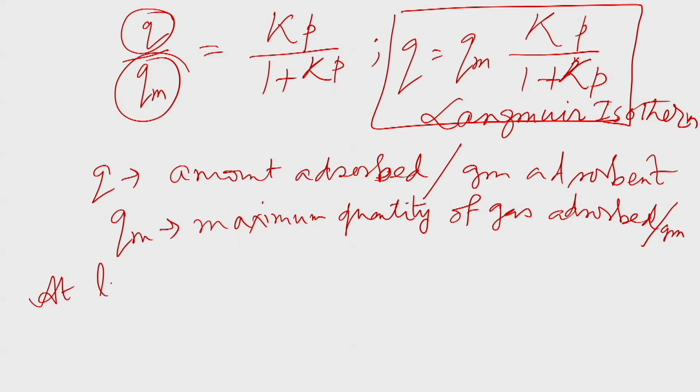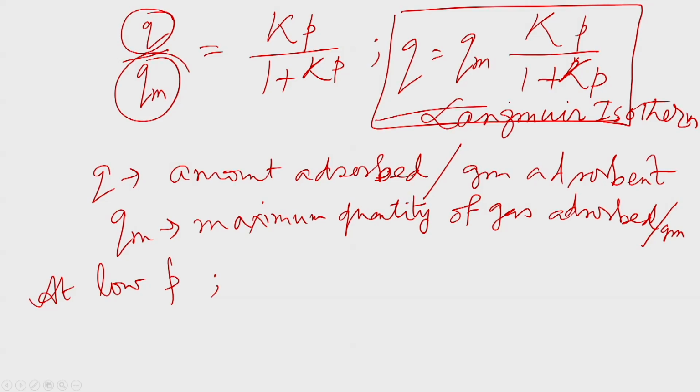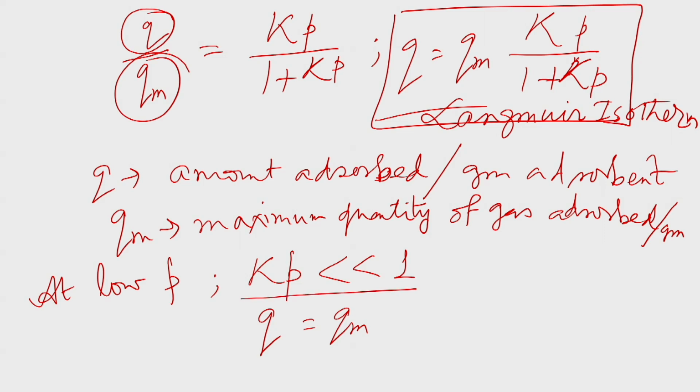So at very low partial pressure, or when the adsorbate content is very low, K P will be much lower than 1.